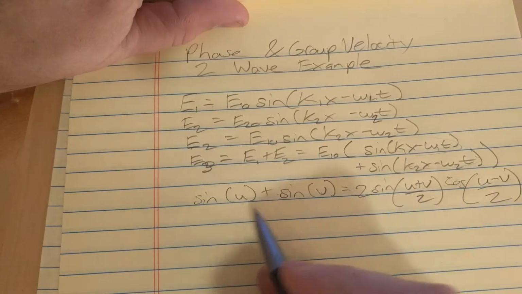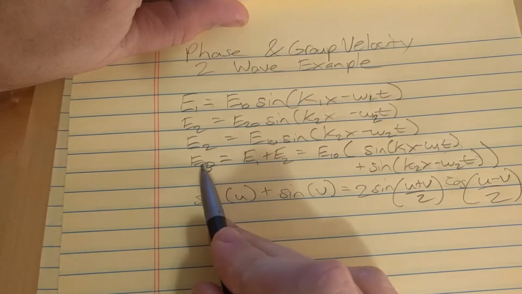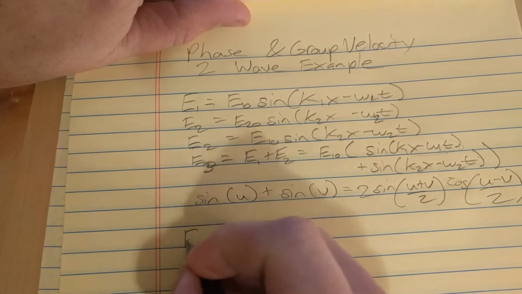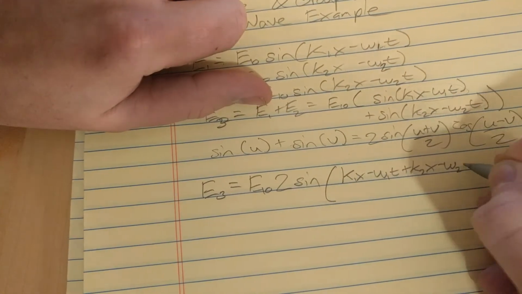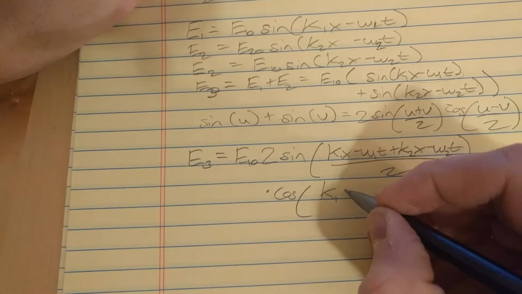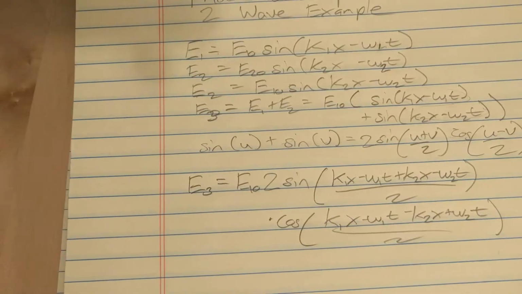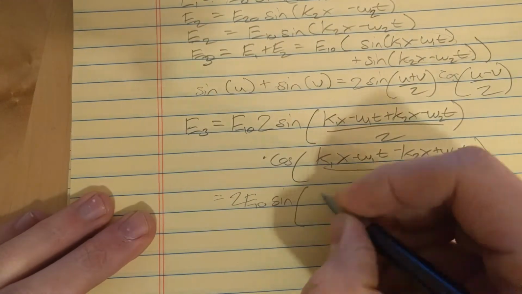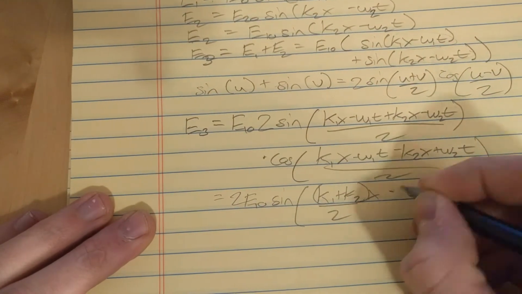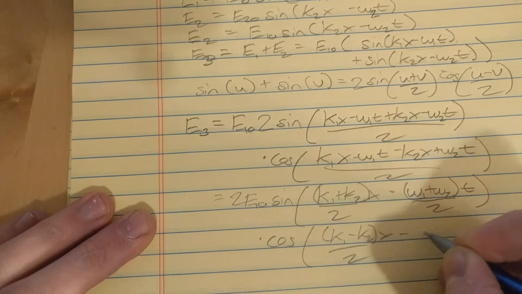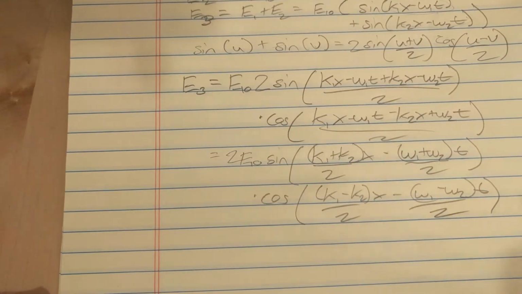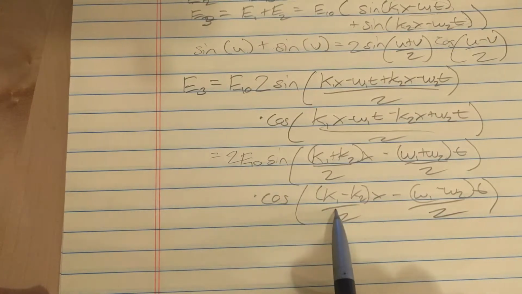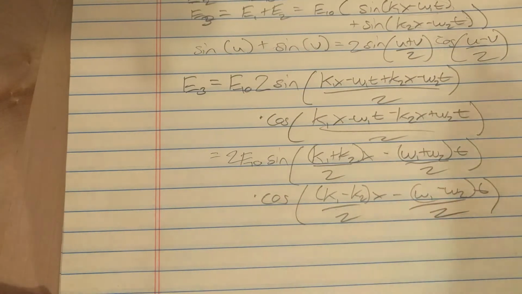And so I'll just rewrite E3 using this trig identity. Okay, so I just rewrote E3 using those trig identities, and this is what it turns out to be.